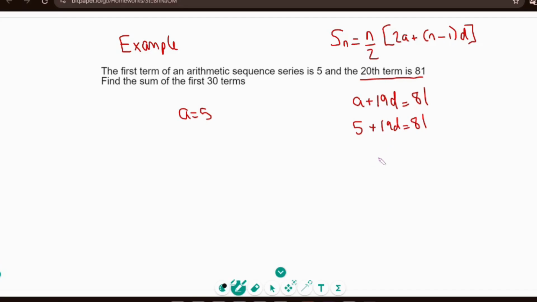Take 5 off both sides. Divide both sides by 19 to get D is 4. Now we can put all the information into our formula up here to find the sum of the first 30 terms.